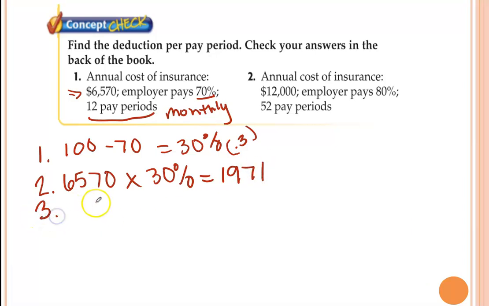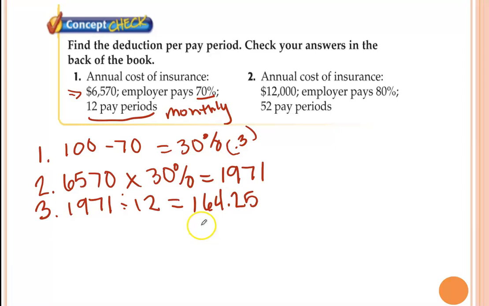Then for step number 3, you take that and divide by the number of pay periods, which is 12, and you get $164.25 is taken out of your monthly paychecks.